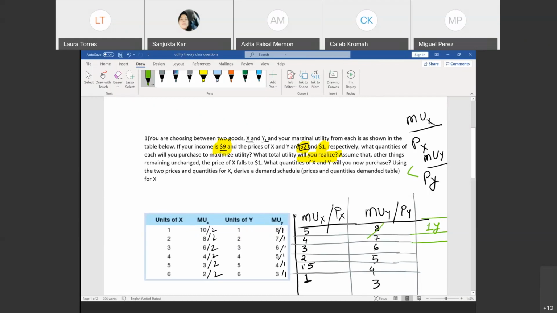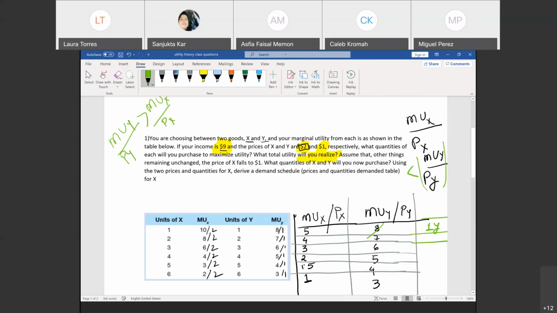Now, I'm going to compare 7 to 5 because MUY is still greater than this whole thing here. I would say MUY over PY is greater than MUX over PX.